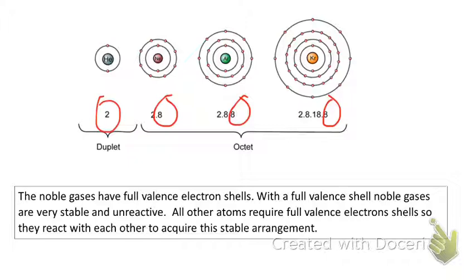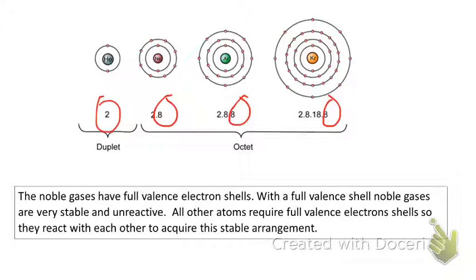And so they're noble, they're great, and all the other elements have a desire to be like these noble gases, to have full valence shells, so that they can be happy too and have low potential energy, just like the noble gases.